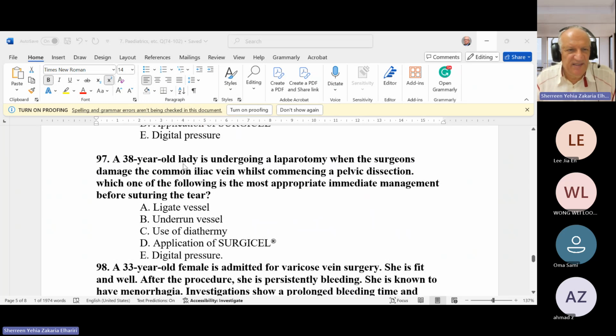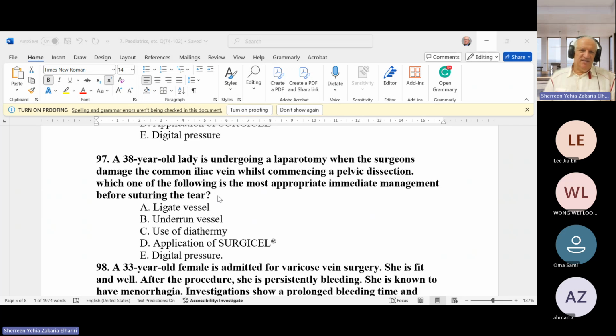A 33-year-old lady is undergoing a laparotomy when the surgeon damages the common iliac vein while commencing a pelvic dissection. Which one of the following is the most appropriate immediate management before suturing the tear? Of course, we don't ligate the common iliac.